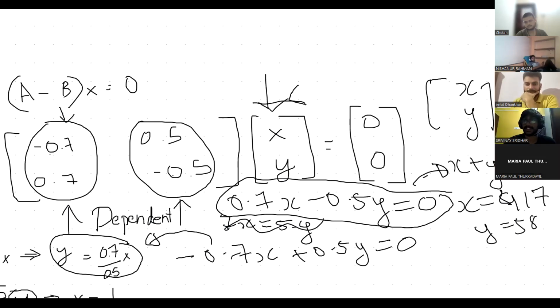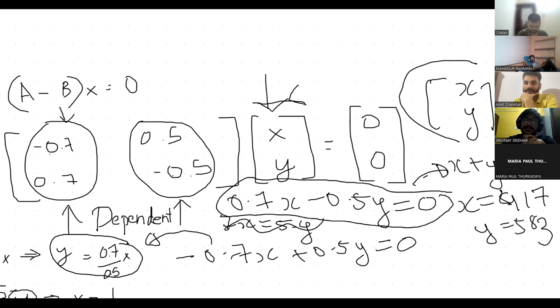I think I'm lost. I didn't actually understand the step where this 0.5 by 0.7, 1 solution came, so I asked him.